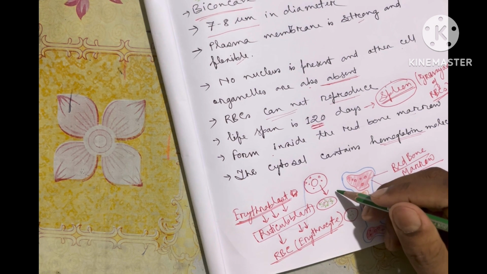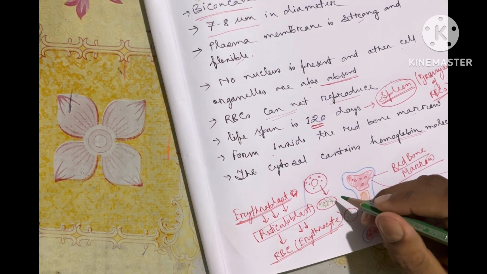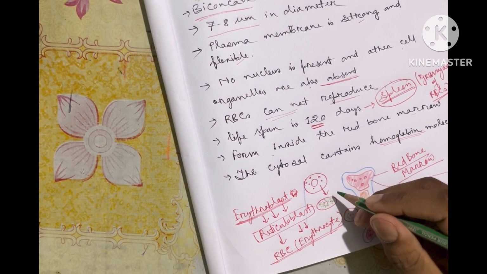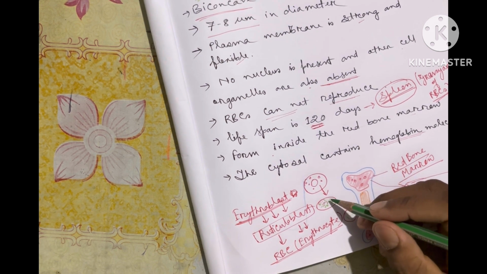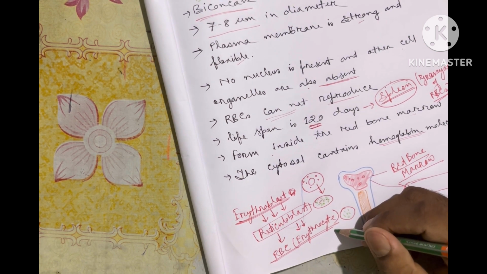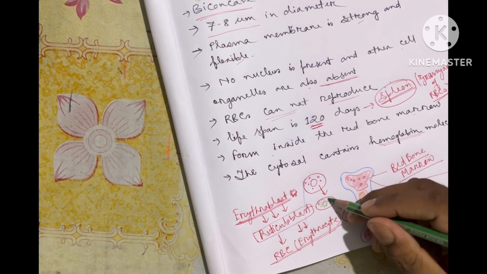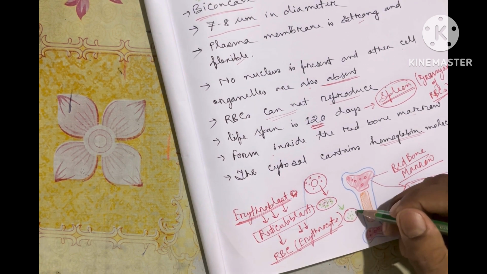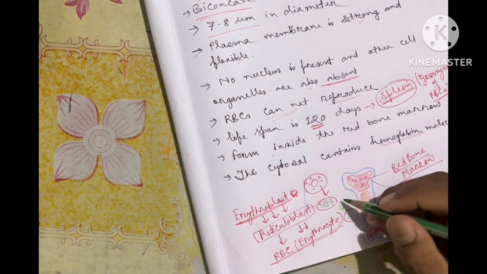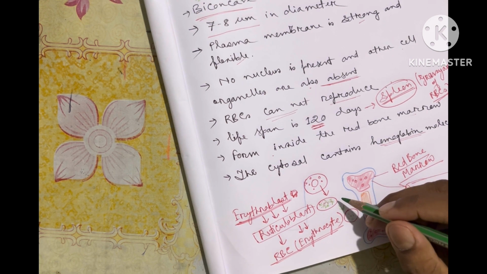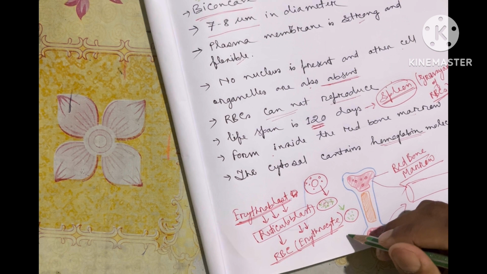Hemoglobin molecules start to form inside the reticuloblast. When the reticuloblast is converted to a mature erythrocyte, more and more hemoglobin starts to form, and there is complete disappearance of the nucleus and other cell organelles.